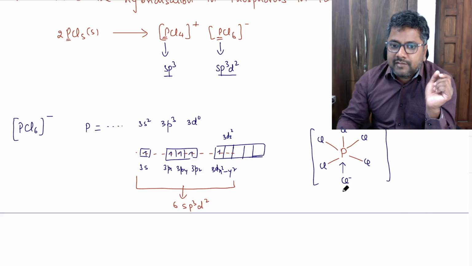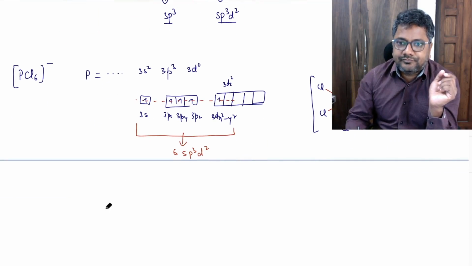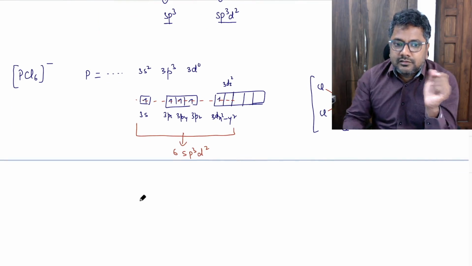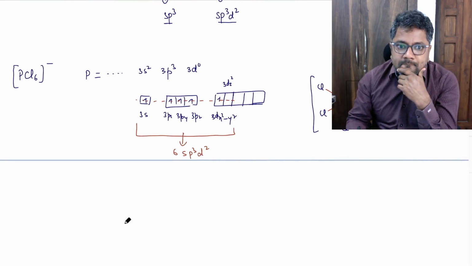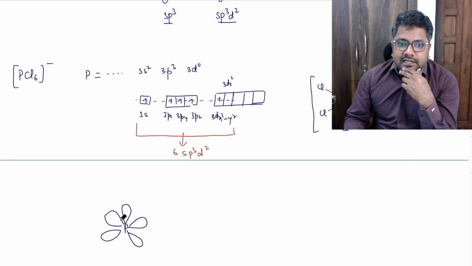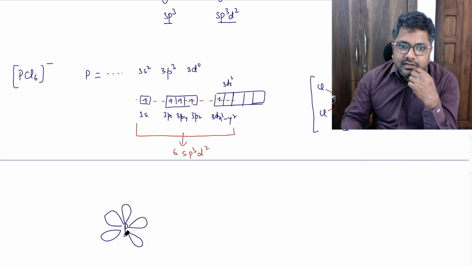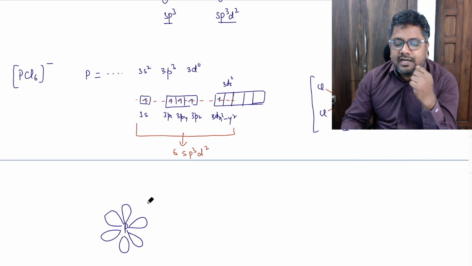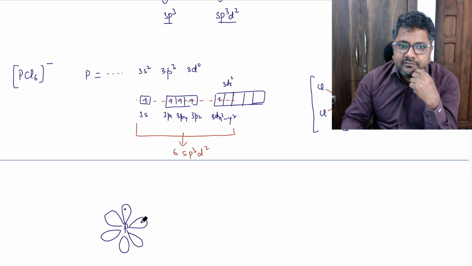Suppose that P has all 6 sp3d2 hybrid orbitals, 5 of which have one electron each, and this one is empty, right?